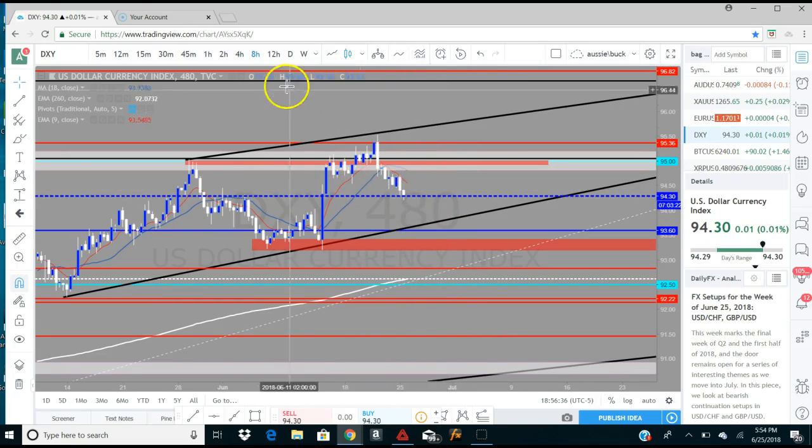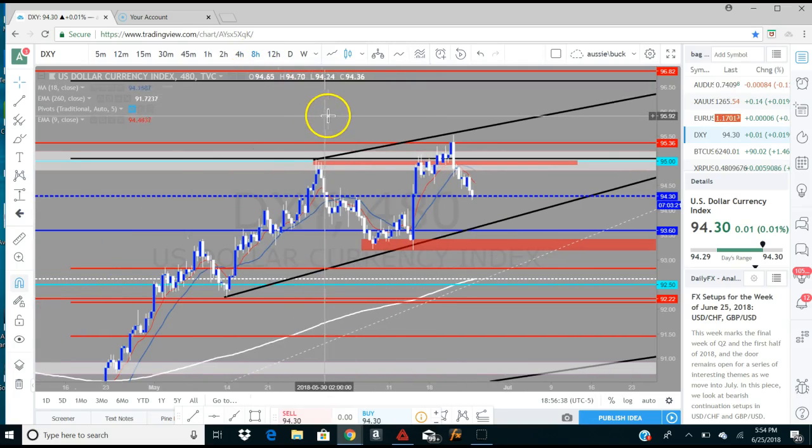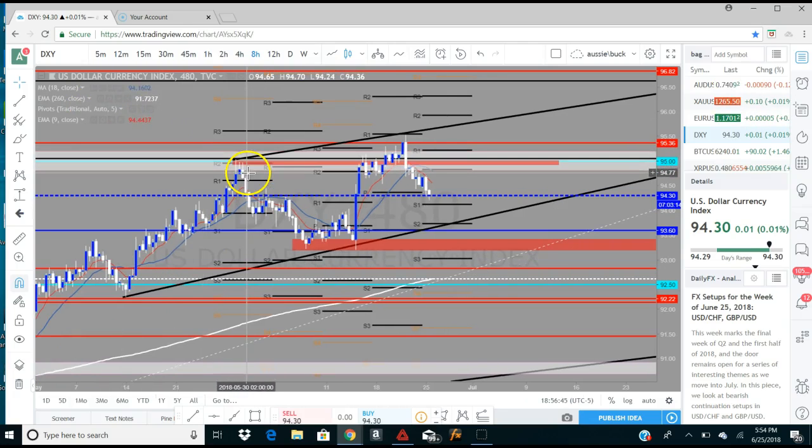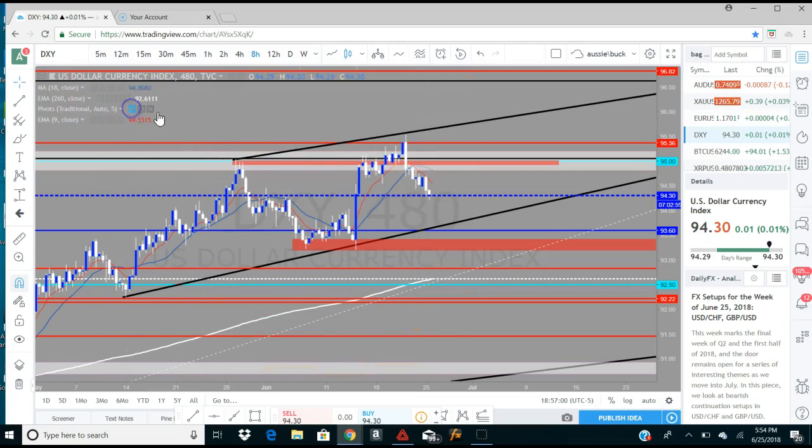You want to look for a pullback on the smaller time frame. Let me put my pivot points on this time frame. Support one, support two, yeah. Pivot is up here. So your stops can go slightly above this pivot point right here on the 8 hour time frame. You'd be safe for the most part.